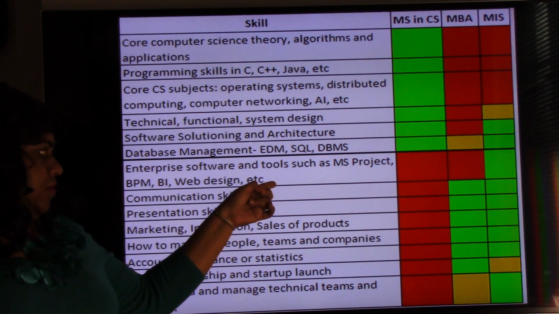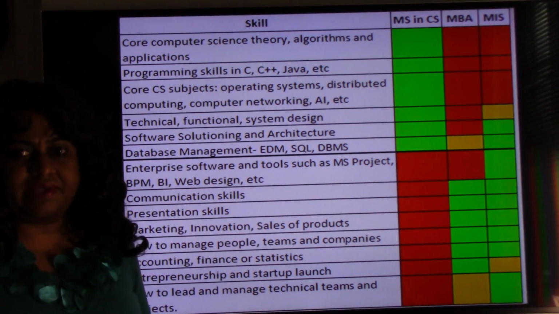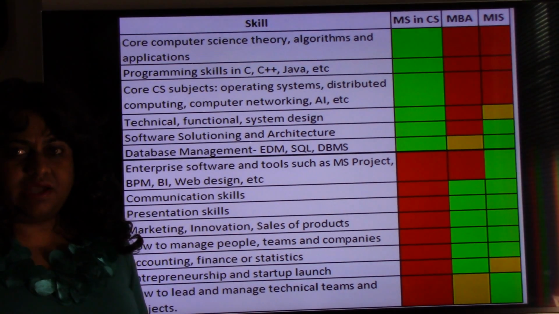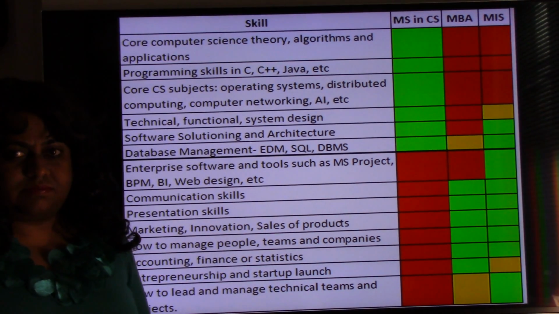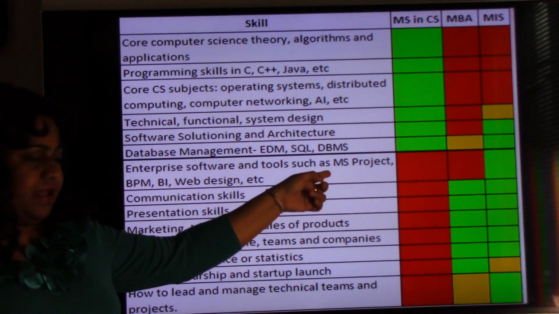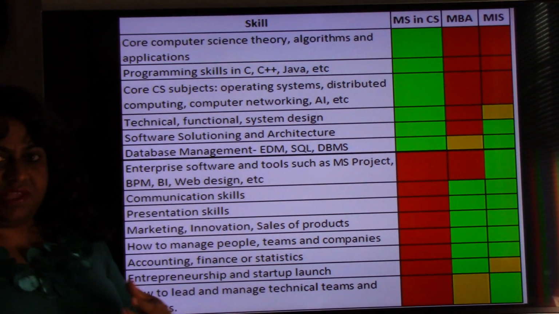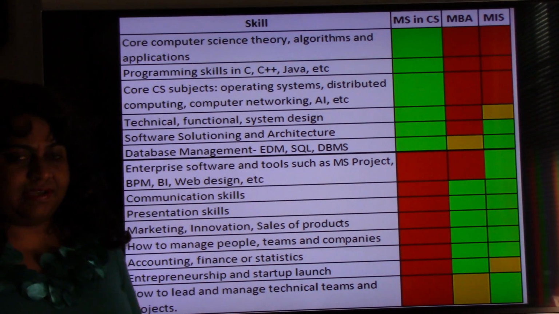Enterprise software and tools, such as how to use MS Project. So MS Project is a software that project managers use to make Gantt charts, and there are many software like that for project management. So if you want to learn MS Project, BPM, that's Business Process Management, that is a kind of software which provides enterprise agility.